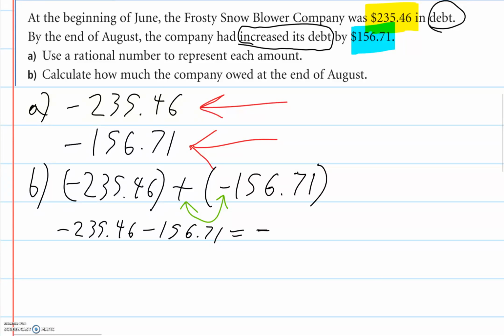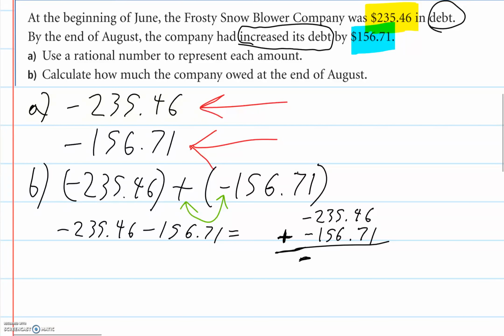Maybe I'll write it a different way. When I'm doing bigger numbers, I like to write it like this: negative 235.46, negative 156.71. And just in case it's not obvious, we're adding these two negative numbers, so it's just like having the negative in there anyway.